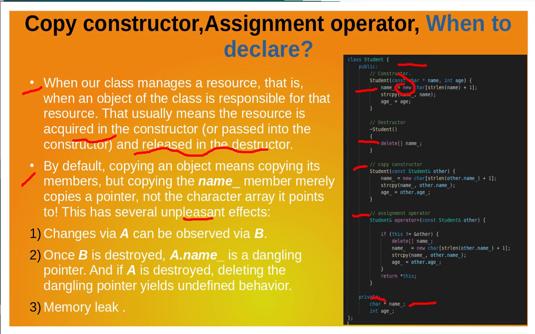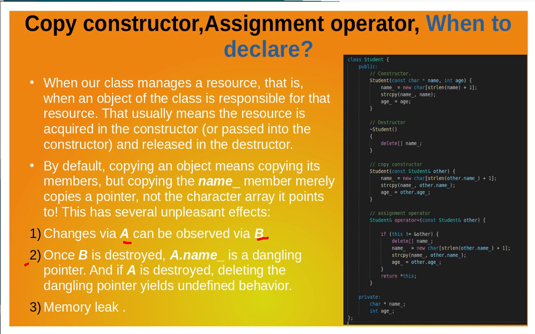Let's say we have two objects, A and B. If we call an assignment operator or copy constructor, at the end, their member name will point to the same array, and so changes via A can be observed via object B.